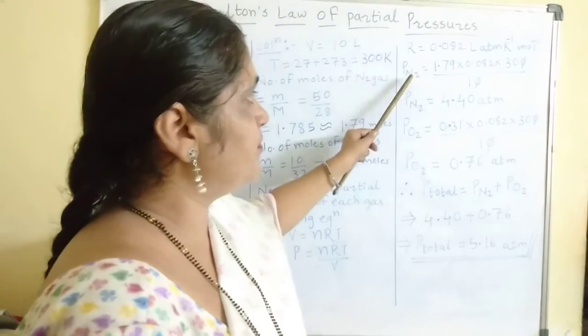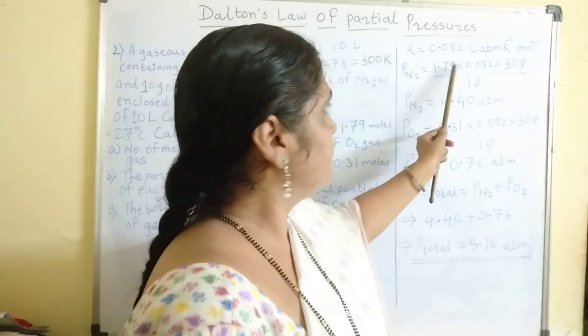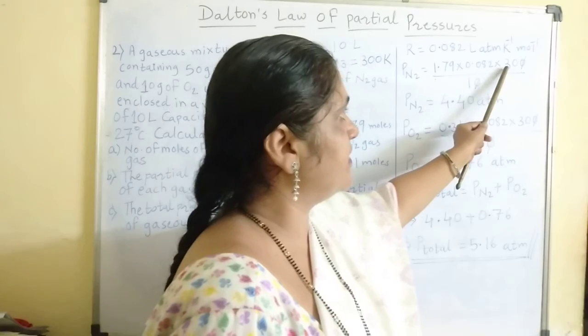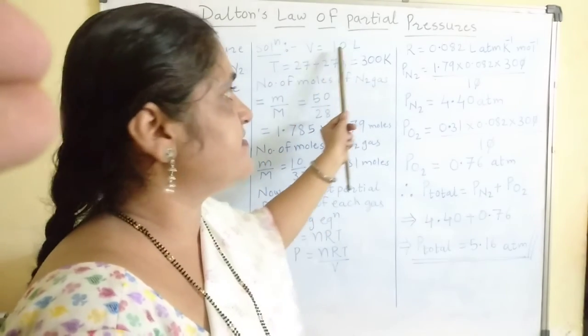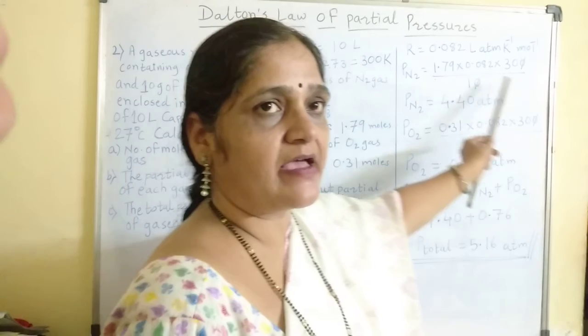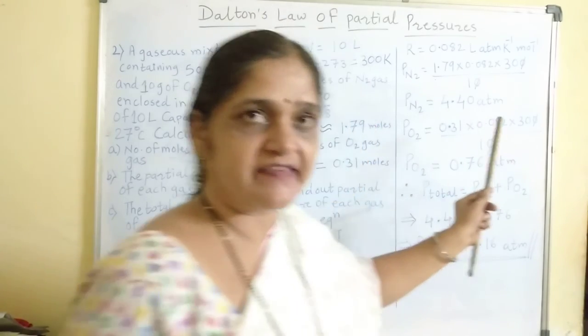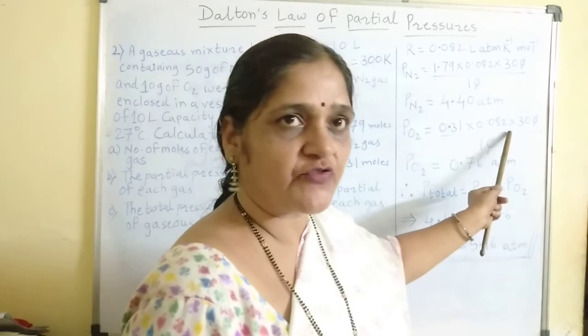Therefore P(N2) is 1.79, the number of moles, multiplied by R 0.082, multiplied by the temperature 300 Kelvin, upon the volume 10 liter. So the partial pressure of nitrogen gas comes to 4.40 atmosphere.